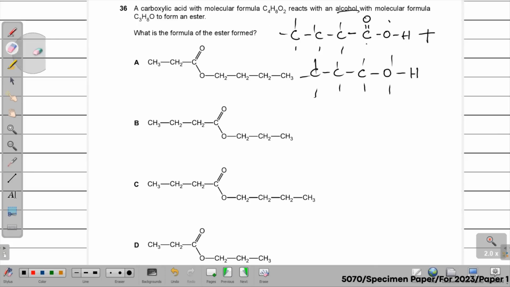Oh, sorry, there's going to be nothing on top of the oxygen. Okay, so now it's going to be forming the ester. From the carboxylic acid, we're only going to be removing the OH.